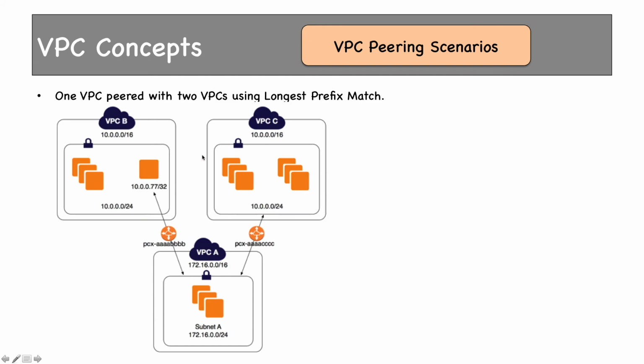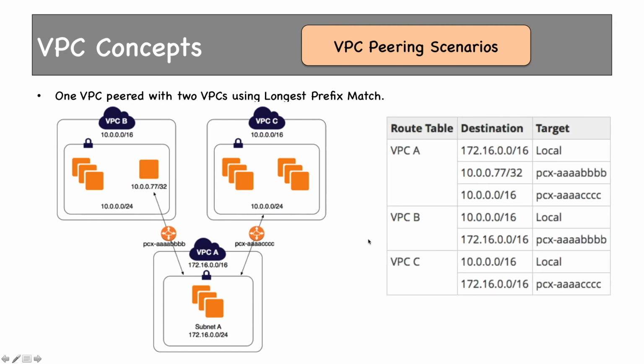You want to use the VPC peering connection between A and B to route traffic between these two VPCs and to specific instances as well. All other traffic destined for the 10.0.0.0/16 IP address range is routed through the peering connection between A and C. The VPCs can be in the same or different region.